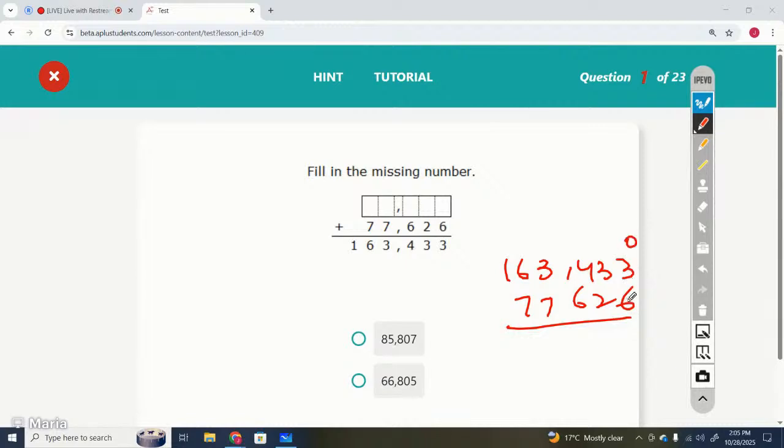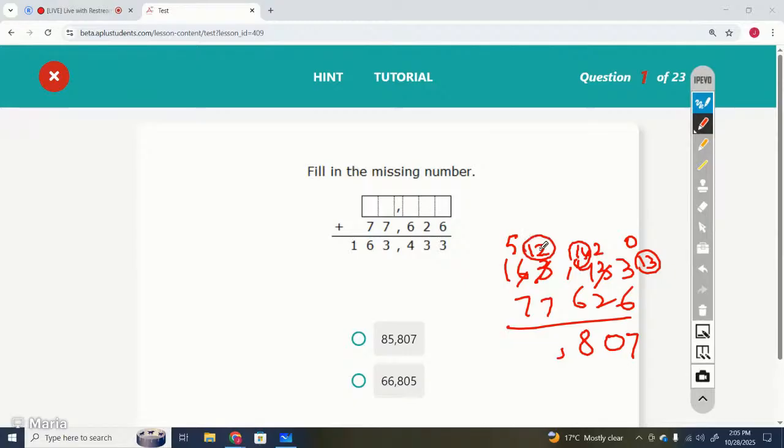We can't subtract 0 out of 3, so we need to borrow 1 from here. The borrow makes this 13. 13 take away 6 is 7. 2 take away 2 is 0. Again, we cannot subtract 4 out of 6, so we need to borrow 1. The borrow makes it 14. 14 take away 6 is 8. Again, we cannot subtract 2 out of 7, so we need to borrow 1.